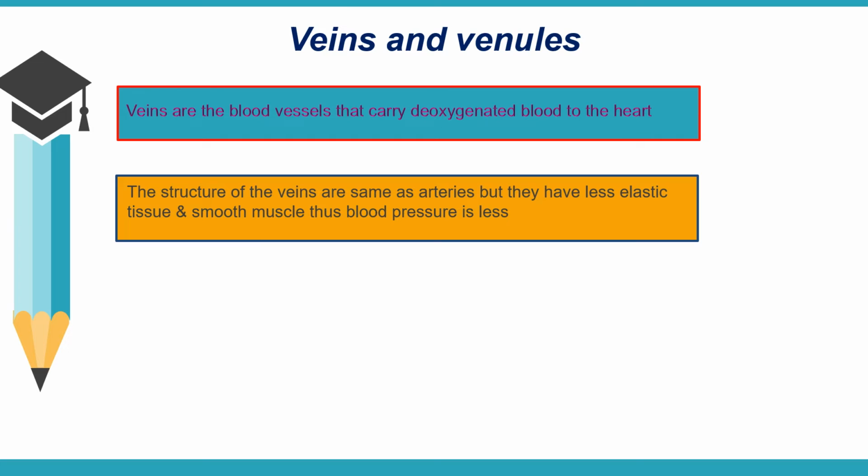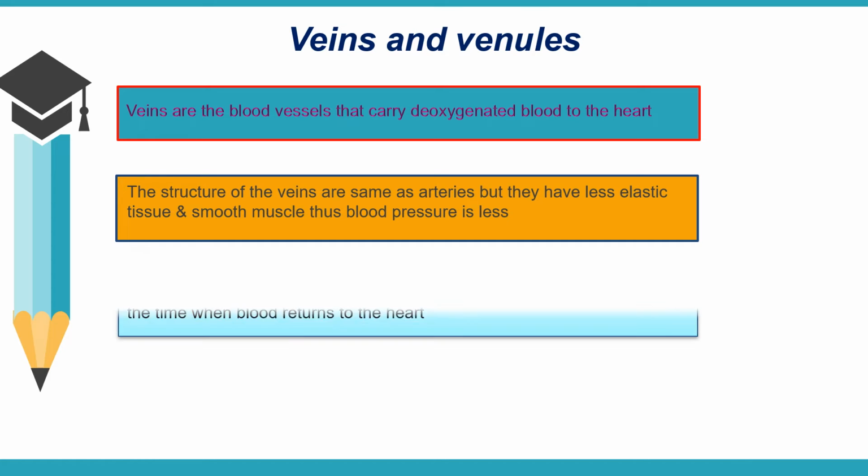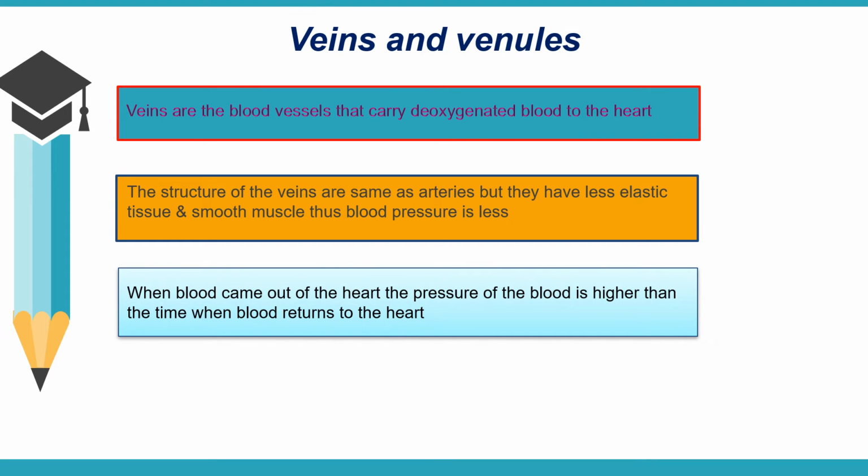But they have less elastic tissue and smooth muscle. As a result, blood pressure in the veins is less. When the blood comes out of the heart, the blood pressure is higher than when the blood returns to the heart.